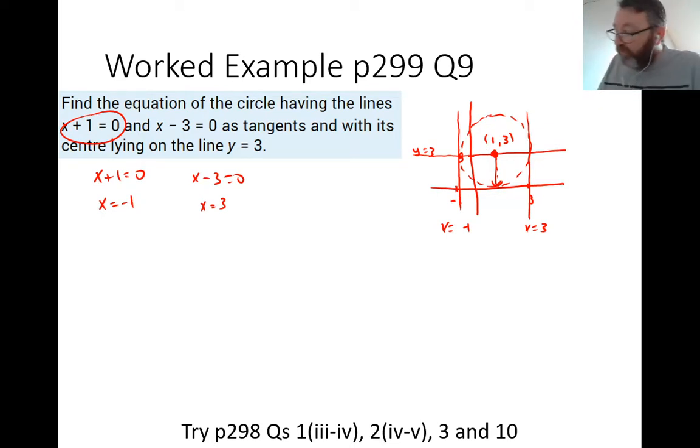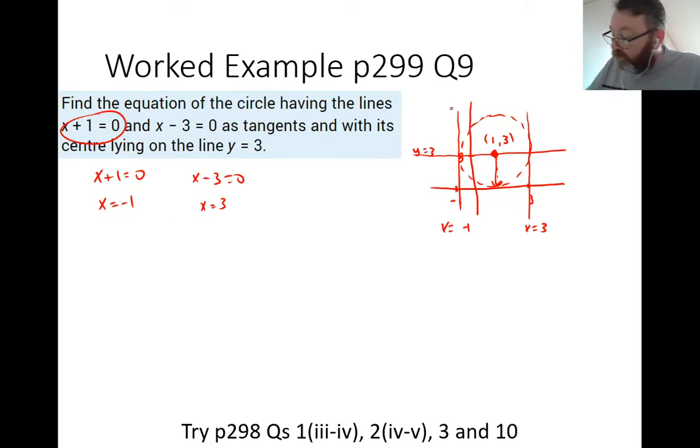Okay, watch it again. If the centre of the circle is on the line y equals 3, then its y coordinate will be 3. Okay, how do I get the x coordinate? Well, I'm told that x plus 1 equals 0 and x minus 3 equals 0 are tangents. So if they're tangents, just rearranging the equations, the tangents are actually x equals minus 1 and x equals 3.